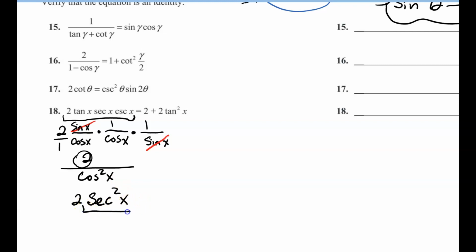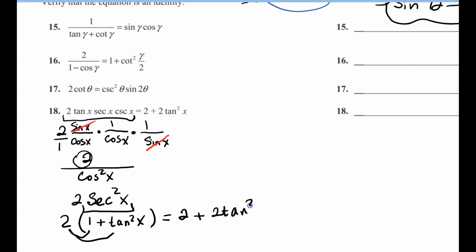There is an identity that says secant squared is 1 plus tan squared theta, tan squared x in this case. So substituting that, you multiply 2 in, it's 2 plus 2 tan squared x. Checked.